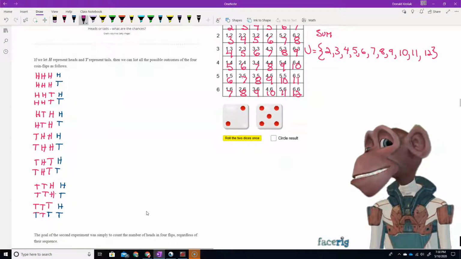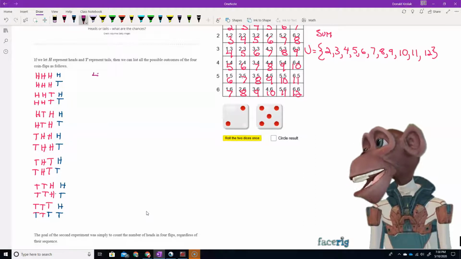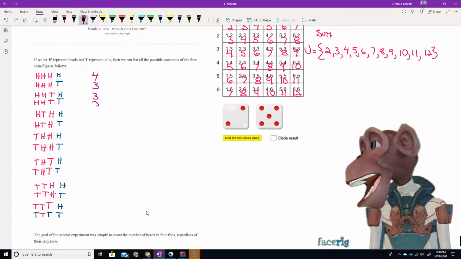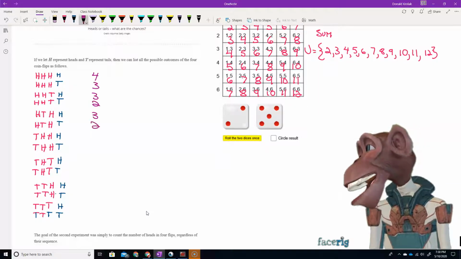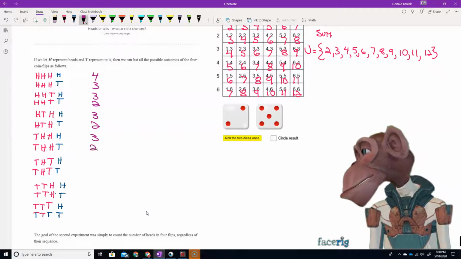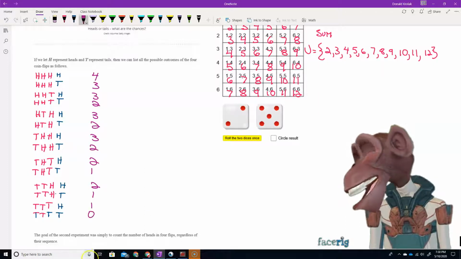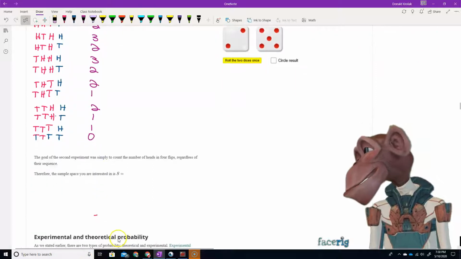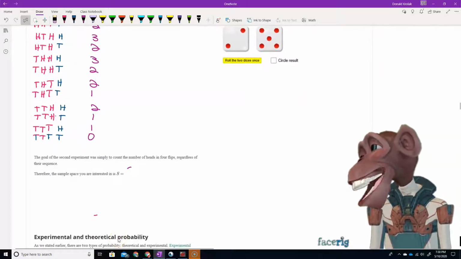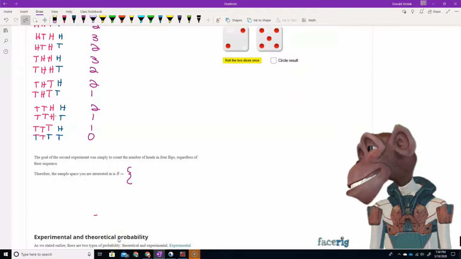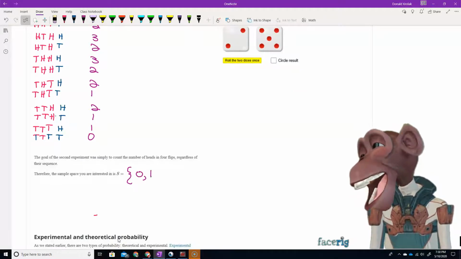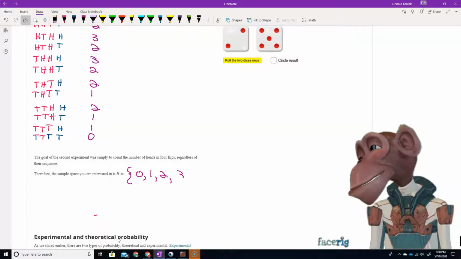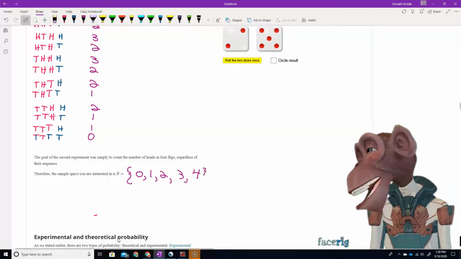On this first one, I get 4 heads, so 4 is in that sample space. 3 heads, 3, 2, 3, 2, and I'm just going down here and counting the number of heads. Then any number in this list would make up my sample space if I was just considering heads. So I could get 0 heads, 1 head, 2 heads, 3 heads, 4 heads.